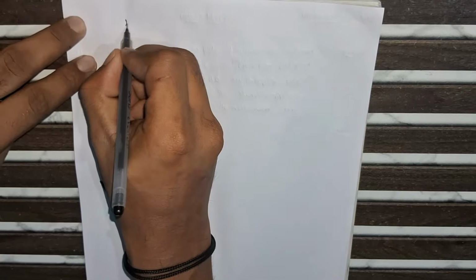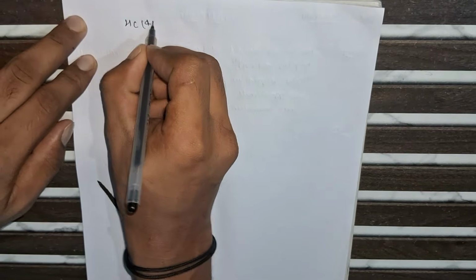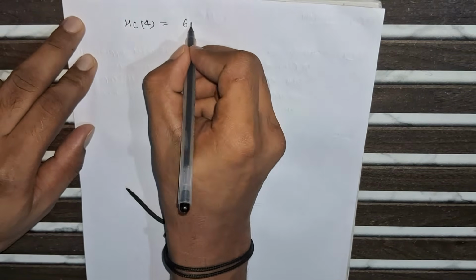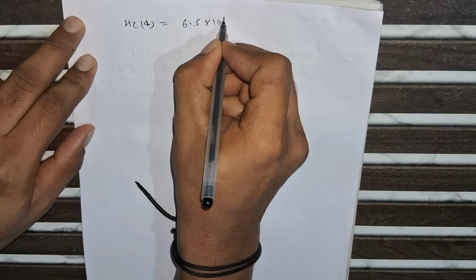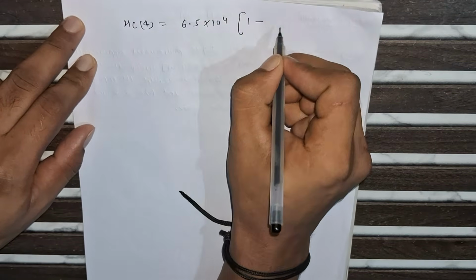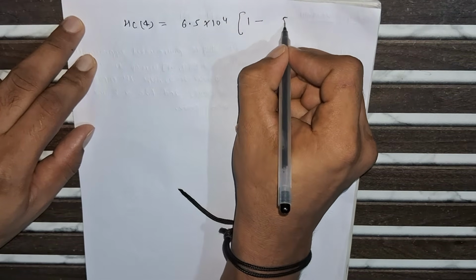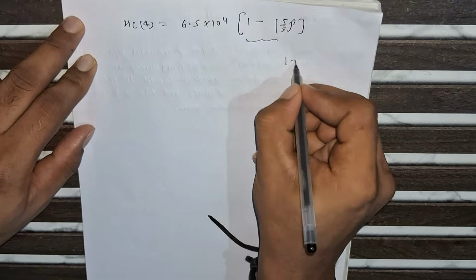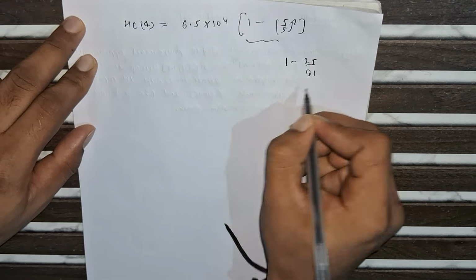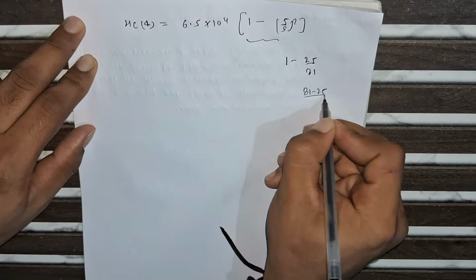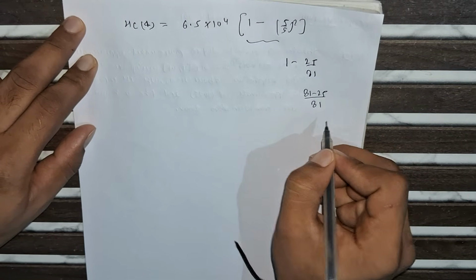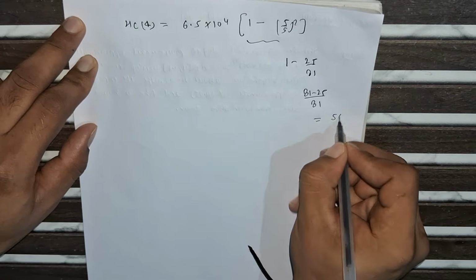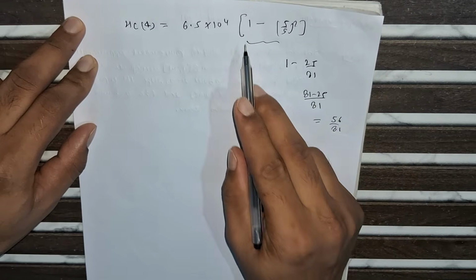So now the critical magnetic field at 4 Kelvin is equal to 6.5 into 10 to the power 4 into 1 minus our reduced expression, 5 by 9 whole square. So first solve this one. 1 minus 25 by 81. So 81 minus 25 by 81. When you solve it, you will get 56 by 81 after subtracting from 1.